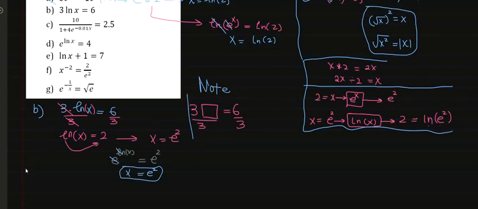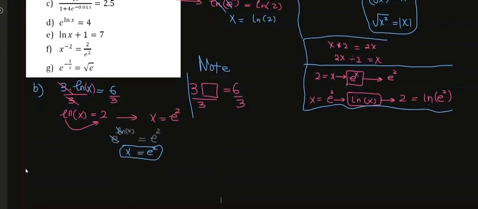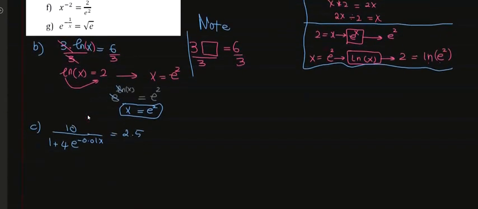Okay, let's move to part C. Part C says that 10 over 1 plus 4 times e to the power of negative 0.1 times x is equal to 2.5. What can happen here? Once we see a fraction, we want to get rid of the fraction, right?